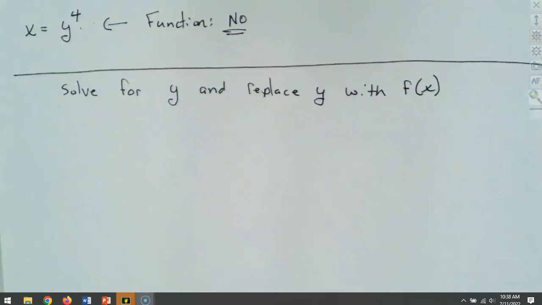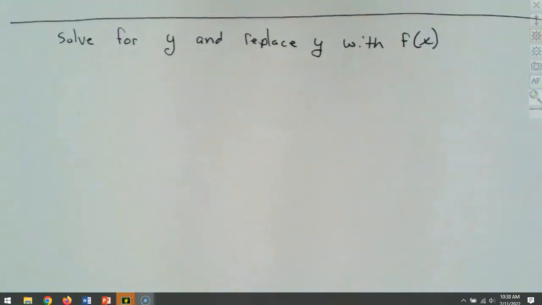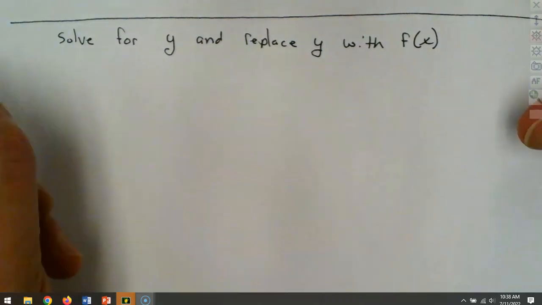So we want to rewrite these in function notation. And sometimes function notation might be easier to work with than having a y value. So we're just going to rewrite these. So we're going to solve it for y. Then we're going to replace it with our function notation f of x.